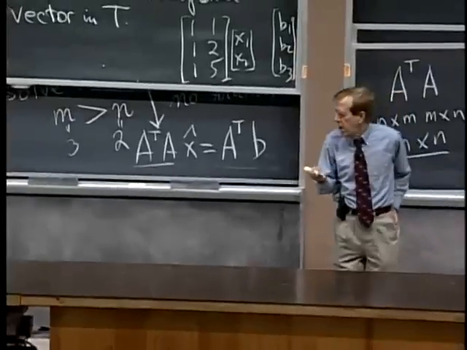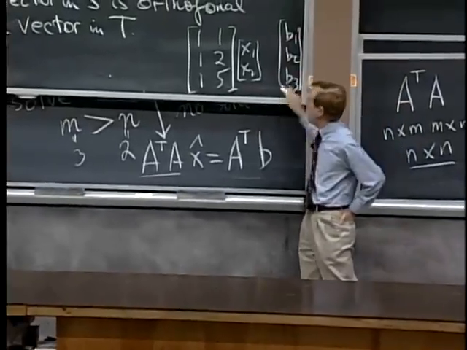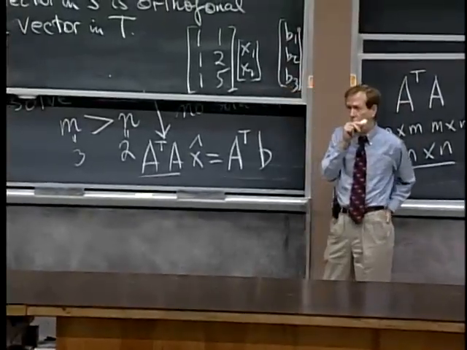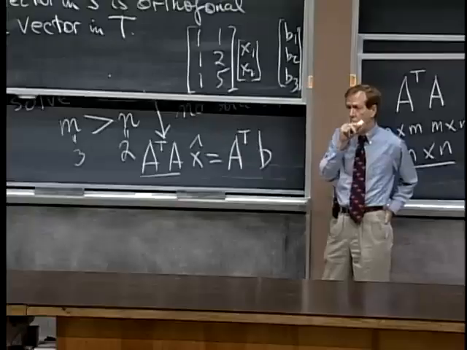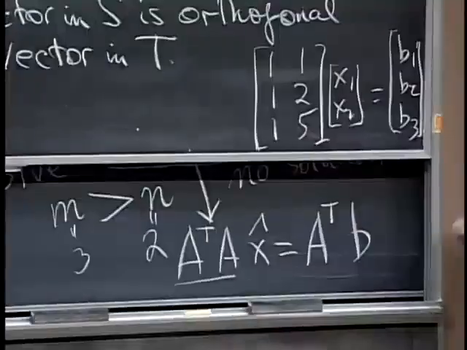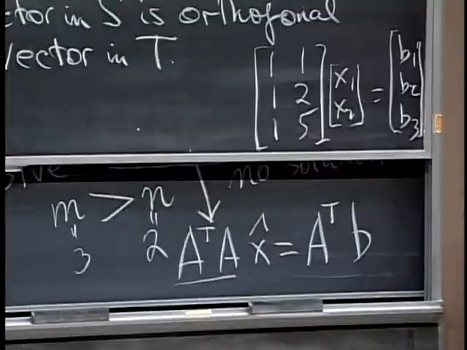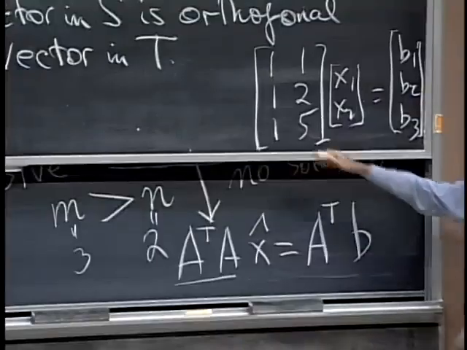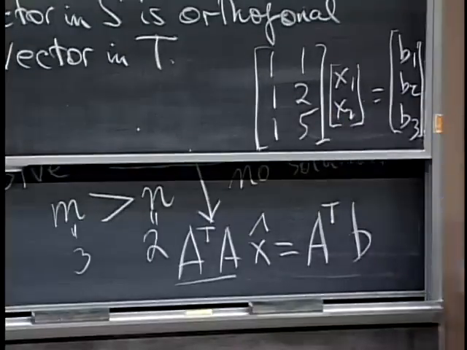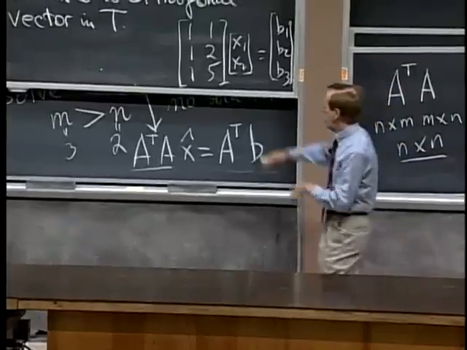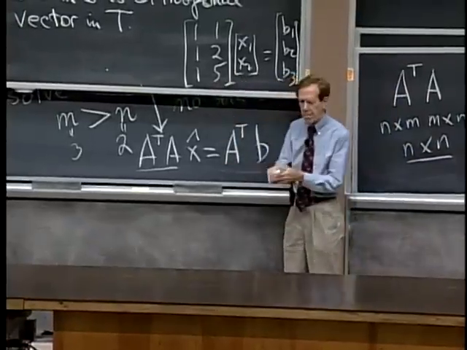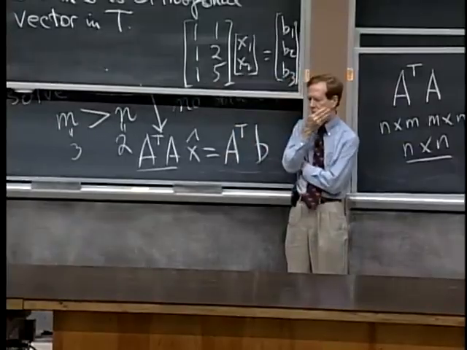And we can only solve it if this vector b is what? I can solve that equation if that vector b1, b2, b3 is in the column space. If it's a combination of those columns, then fine. But usually it won't be. The combinations just fill up a plane, and most vectors aren't on that plane.